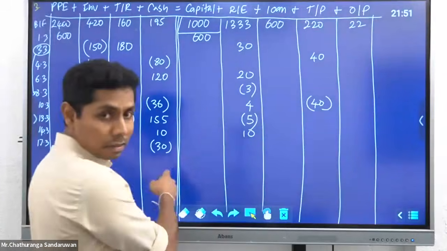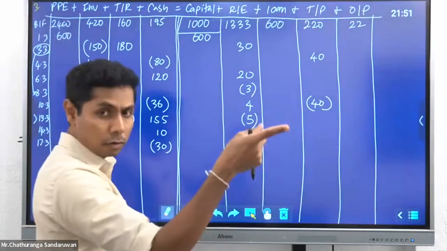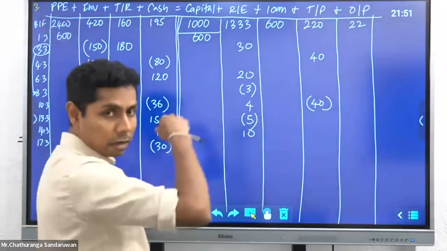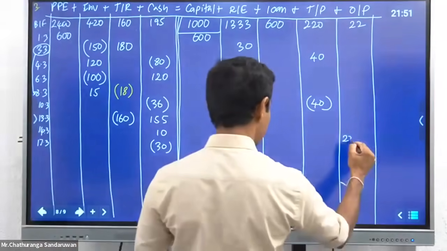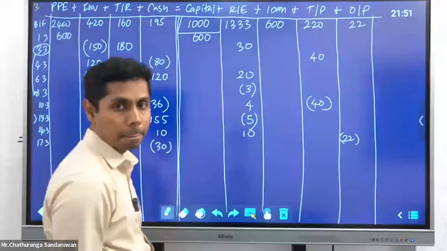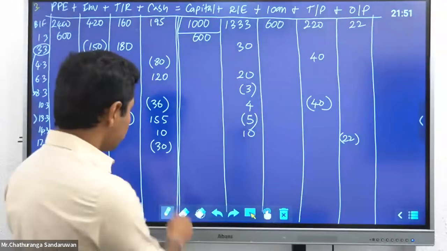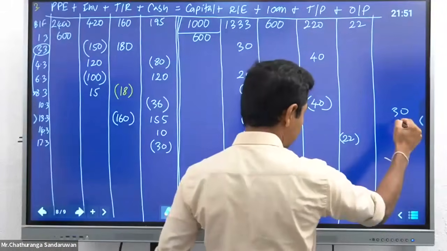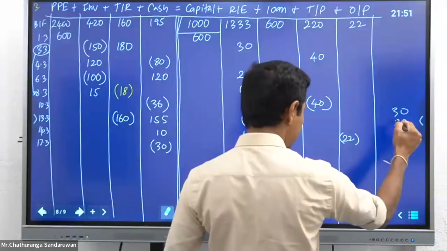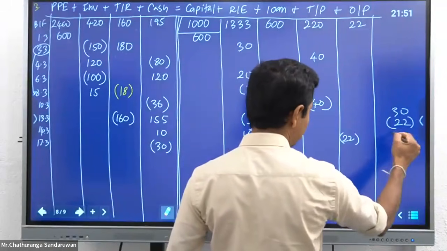So when you pay 30, what does the electricity board do? The previous outstanding will be set off first, right? Therefore, this should be deducted 22, right? So if you calculate it, 30 paid, but that was settled for the previous outstanding 22.